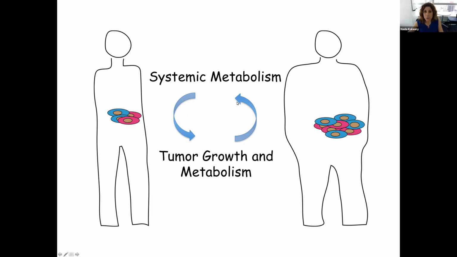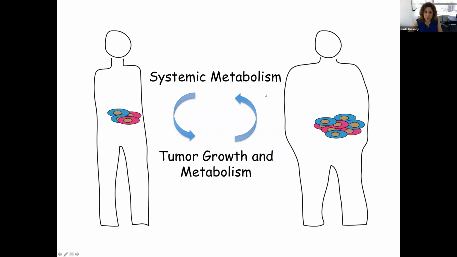For the reverse arrow, one can think of cancer patients in advanced stages of their disease, where they start wasting their muscle and fat, and that is thought to be caused by the mere presence of the tumor in their body. So the tumor here is affecting the systemic metabolic state.